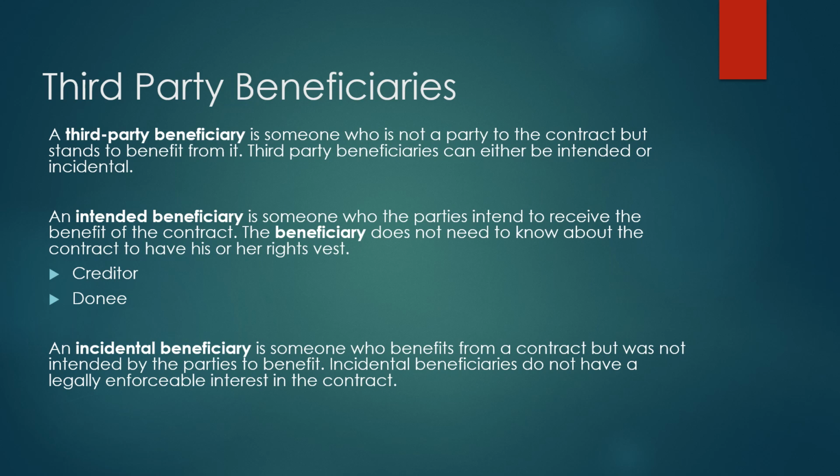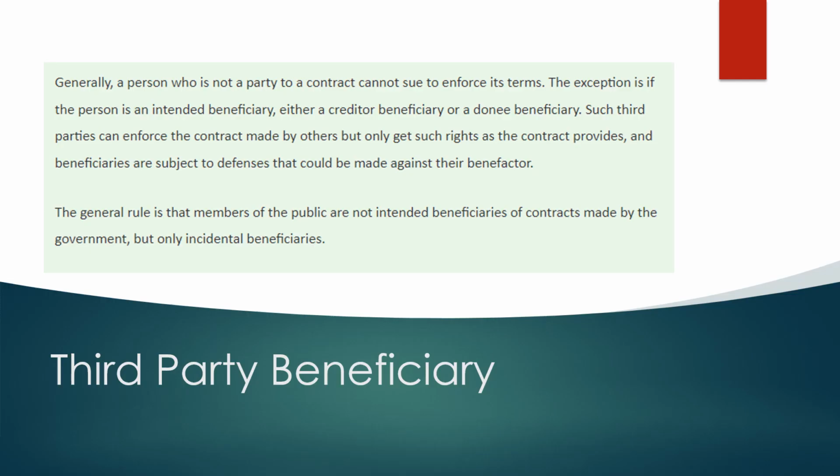But the key is that during the making of the contract, both parties understand that this contract is for the benefit of someone. So if a third party was the intended beneficiary, then they can enforce the contract, and they're subject to the same defenses that could be made against the benefactor.